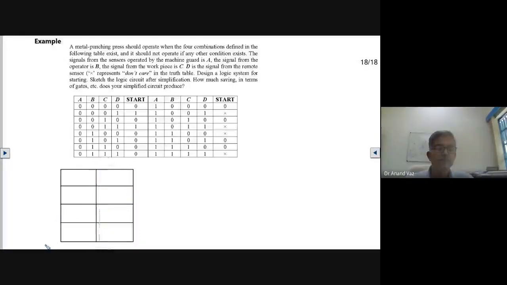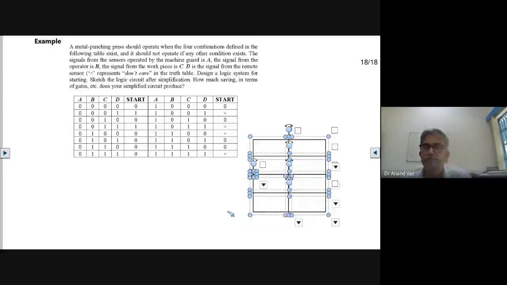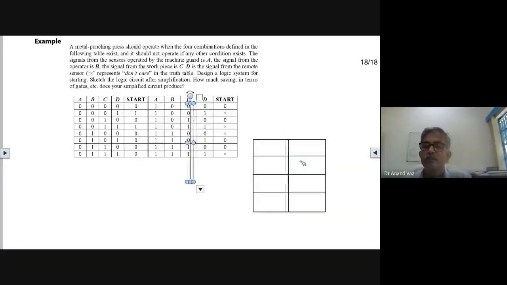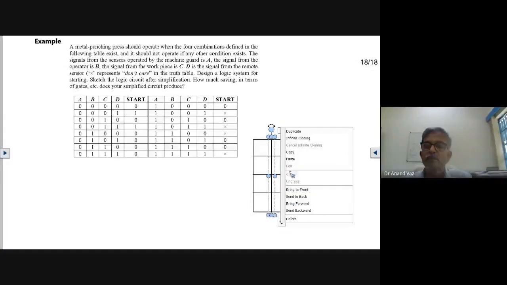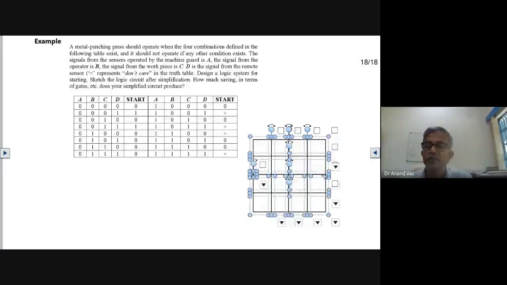I think we'll have to pull this up slightly. So we have this table here, the Karnaugh map, a blank one.